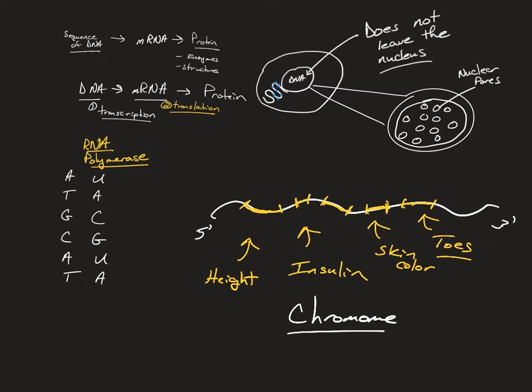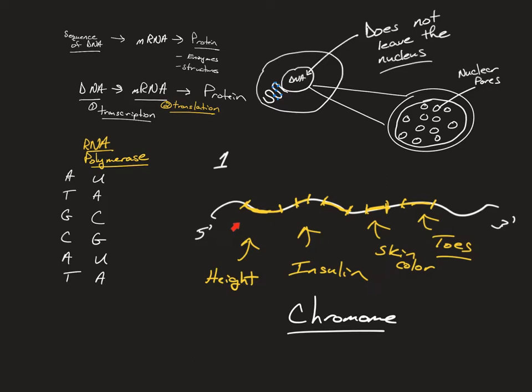So here you have this chromosome with all these different genes. We number these chromosomes. If this is chromosome number 1 in humans, and this is where you find a gene that has to do with height, then you're always going to find that gene here.